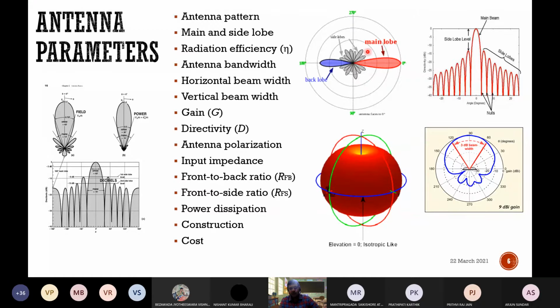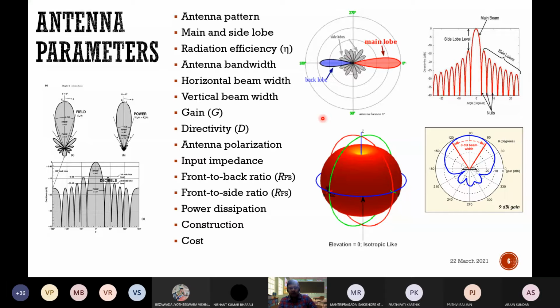If something comes from another direction, the antenna is not much interested in receiving it, so there it has no main lobe, only side lobes. Side lobes are small lobes oriented in other directions, and a little energy is wasted in those angles. They are called side lobes or side beams. Sometimes there is also back lobe radiation, which is also an undesired effect.